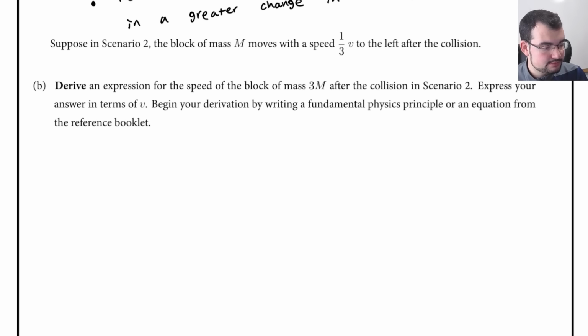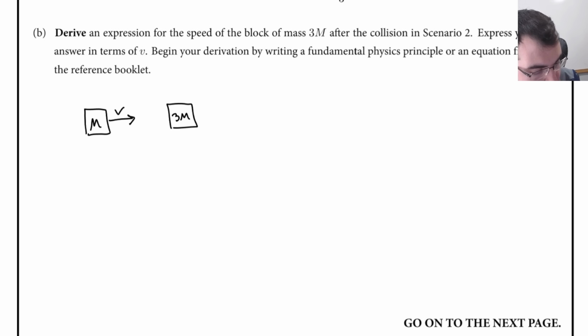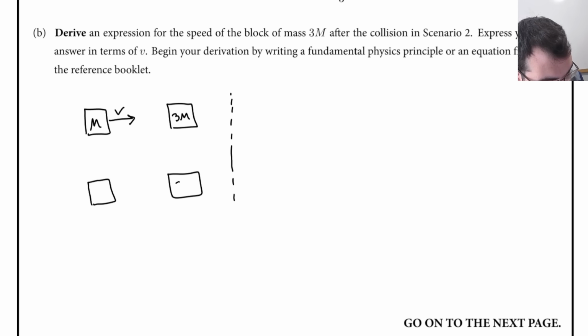Suppose in scenario 2, after the collision, the block of mass m moves with speed 1/3 v to the left. So this is what we had originally: our block moving towards the stationary one, and after the collision we're moving backwards at v/3, and we need to figure out what the speed is of the 3m.